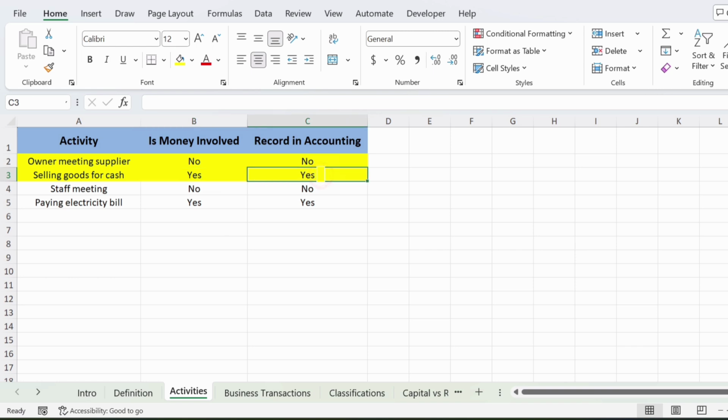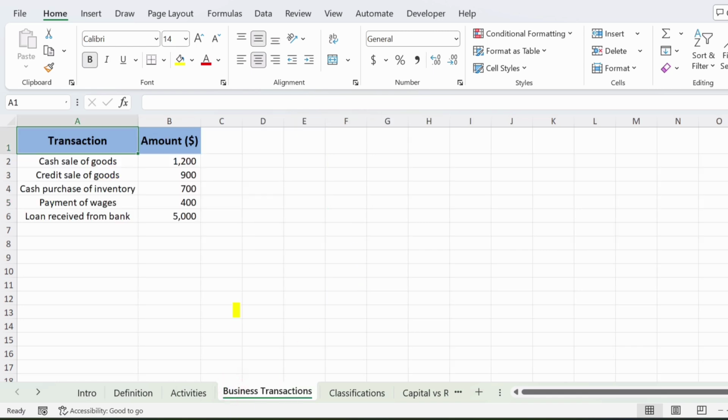Record in accounting? Yes. Then, staff meeting. Is money involved? No. Record in accounting? No. And finally, paying electricity bill. Is money involved? Yes. Record in accounting? Yes.